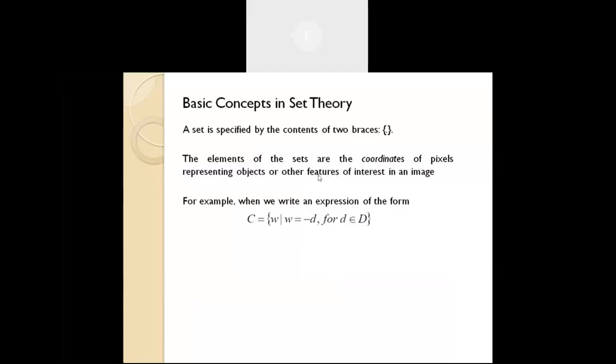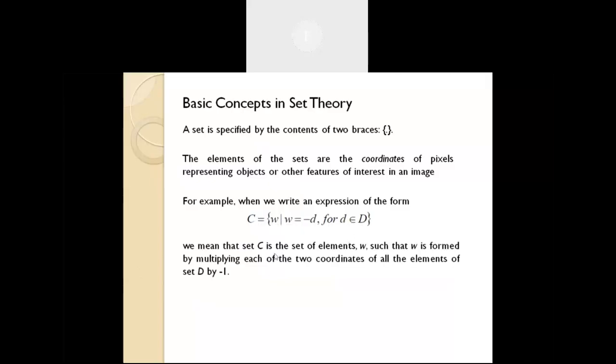Now, for example, when we write an expression of this form, say C is equal to {W such that W = -D, for D belonging to D}, what this actually means is the set C will have all the elements W, where W is formed by multiplying the elements of D by minus 1.